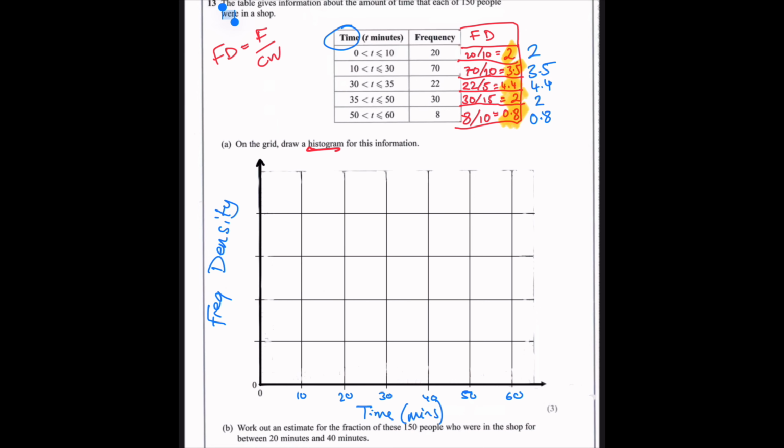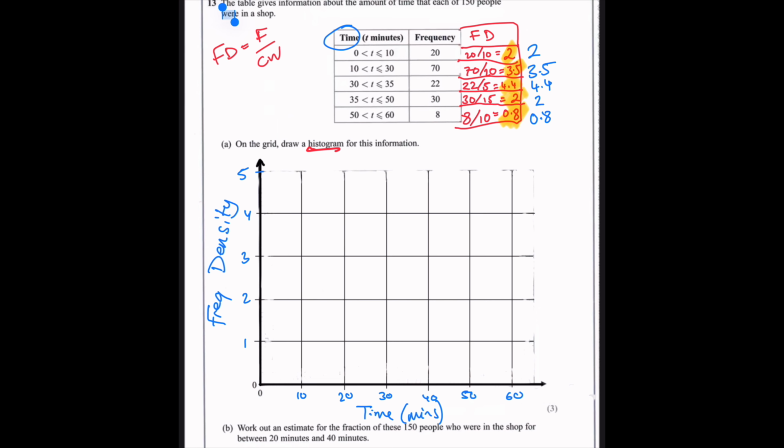So that's time on that axis. Frequency density always goes on the y, and it varies from 0.8 to 4.4. So I'm just going to go 0 to 5. 1, 2, 3, 4, 5. It's really important to choose an appropriate scale for this. So make sure that your top value over here is higher than your top value in your table.